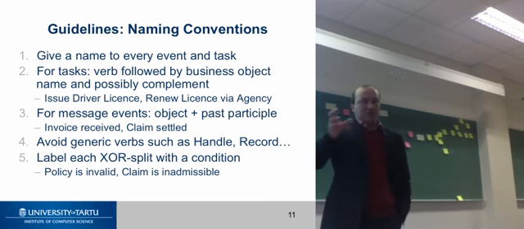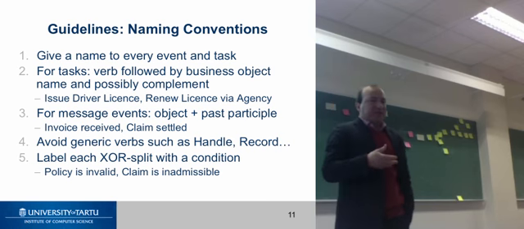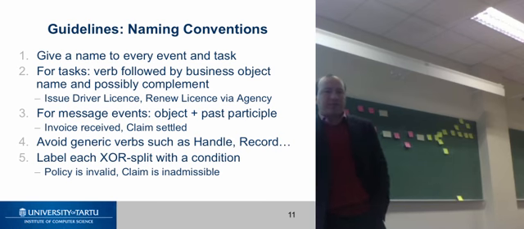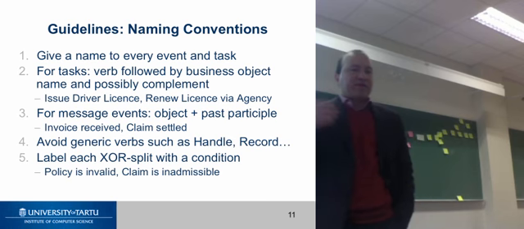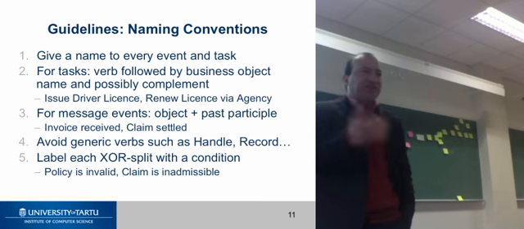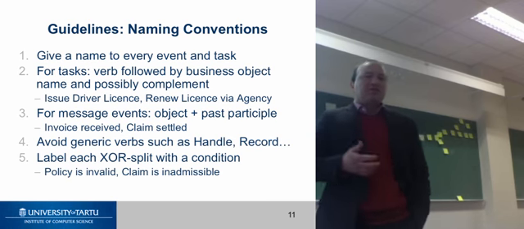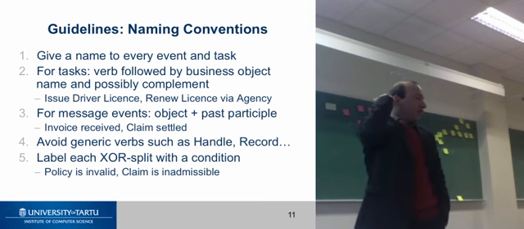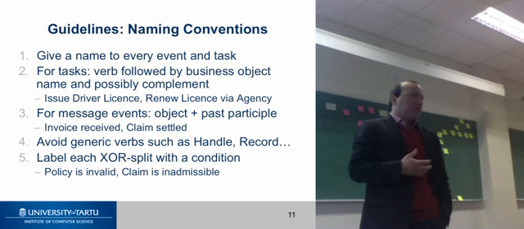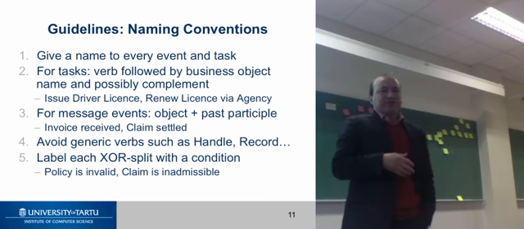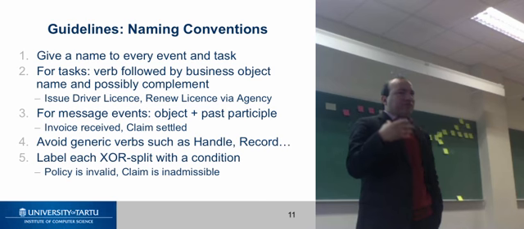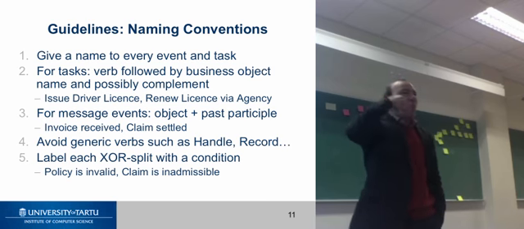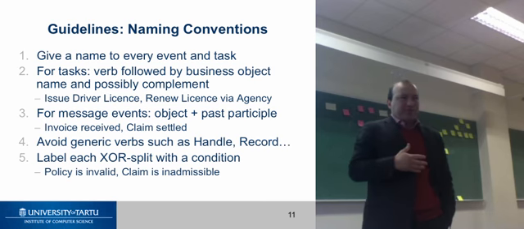For message events, I use noun, what is the object that is being affected, and what is its state, which is a participle, like invoice has been received, the claim has been received, the claim has been rejected, the claim has been settled, the claim has been registered, right? I try always to avoid things like handle, record. I actually try to avoid sending as well, as much as possible, right? I would prefer things like notify, inform, something that tells me at a higher level why am I sending, because sending is a mechanism for something else, right?